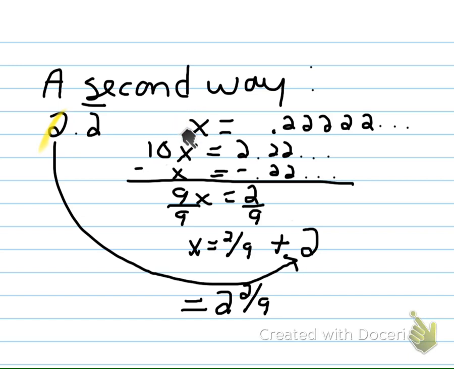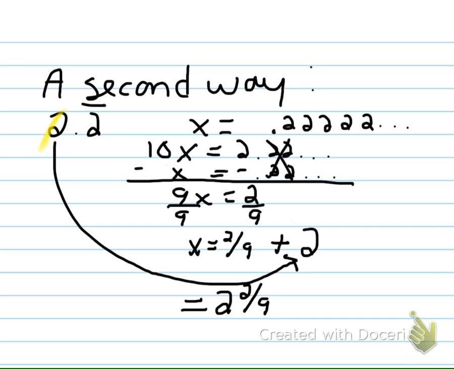It's going to give me 10x equals 2.222 dot dot dot. And then I'm going to subtract an x here and subtract what x is equal to over here. So 0.22. And if you do 2.22 minus 0.22, you're going to get 2. This 2 is all that's left.